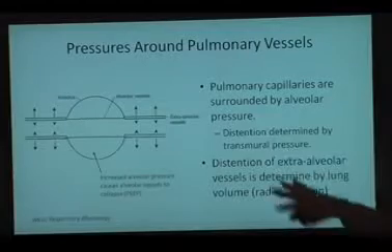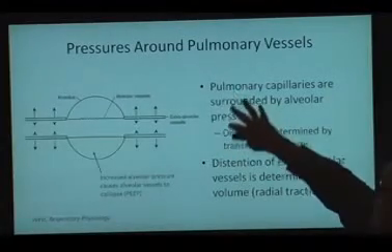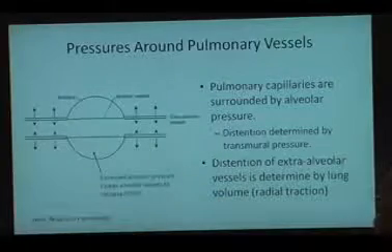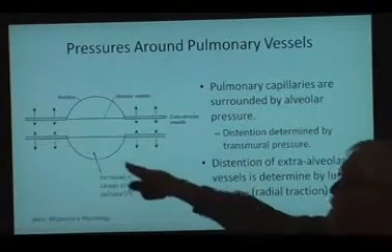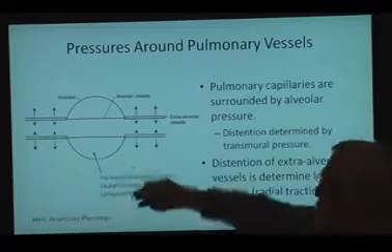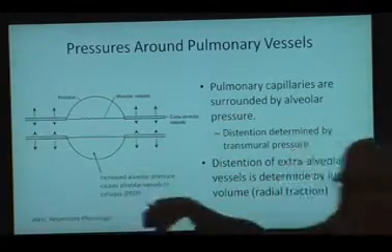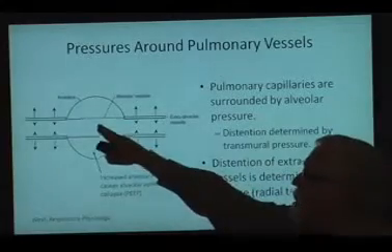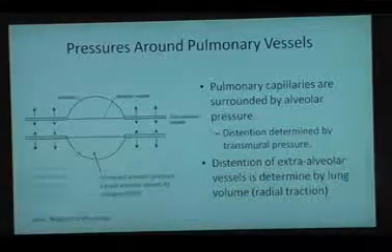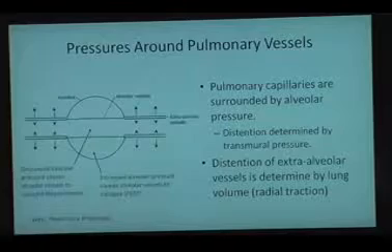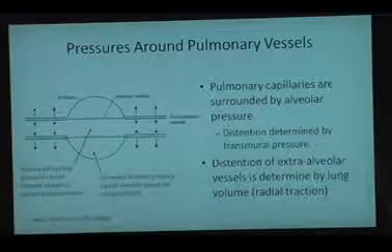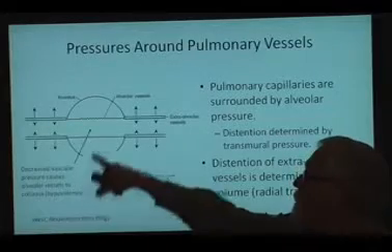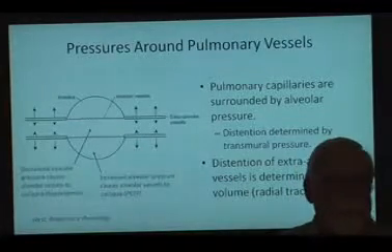So back to the alveolar vessels or pulmonary capillaries, if there's an increase in alveolar pressure, that will cause the alveolar capillaries to collapse. So if we increase the pressure in the alveolus, such as with PEEP, that will have a collapsing effect on the pulmonary capillaries. On the other hand, if there's a decrease in vascular pressure, such as with hypovolemia, that will cause alveolar vessels to collapse.